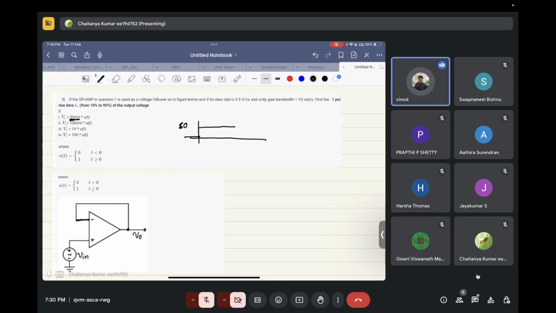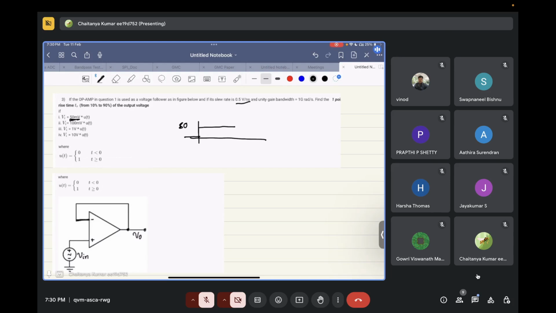Sir, I know the formula and all, but in the solution, they have given 1 divided by 1 plus s divided by omega t, and like that they have solved. I don't know how to arrive at the solution. Okay, so basically the slew rate of the op amp is given.